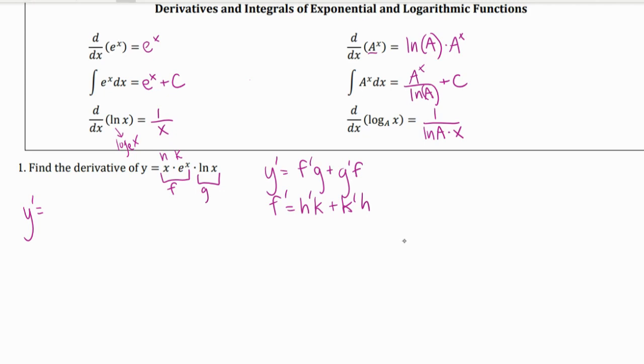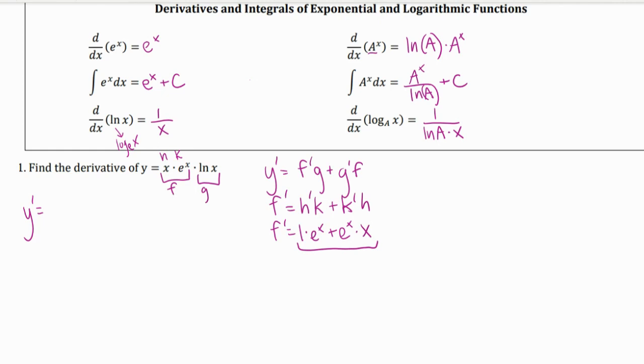So f prime is equal to the derivative of x, which is 1, times k, plus the derivative of k. So the derivative of e to the x is e to the x times x. And that gives me, again, this is just the derivative of this part. So I have product rule within product rule for this one.